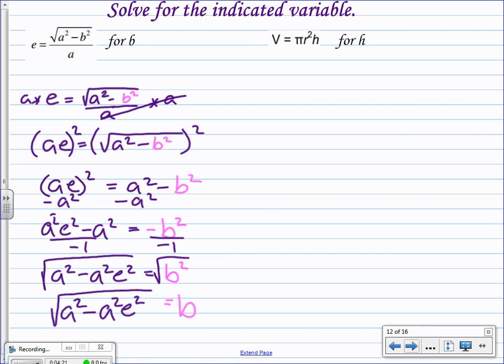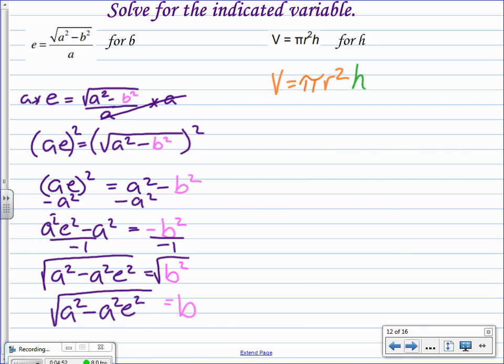So here we go on this one. This one says v equals pi r squared h, and I just want to solve for h. This one's much easier than the second one. So I want to solve for h. So let's say v equals pi r squared h. Okay, I want to get the h by itself. This is just times: pi times r squared times h.